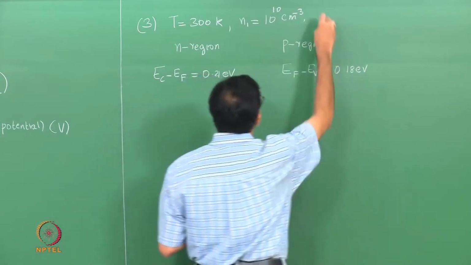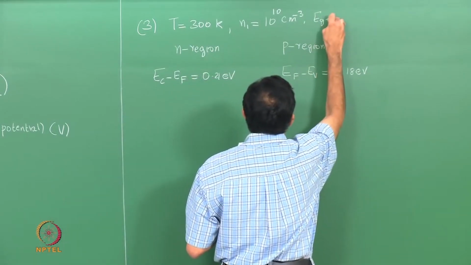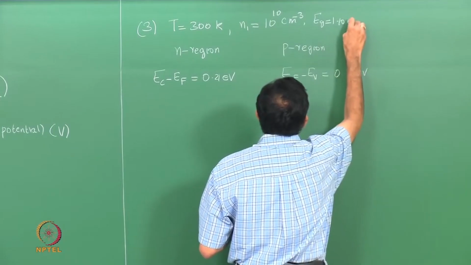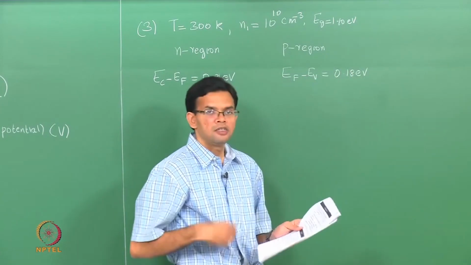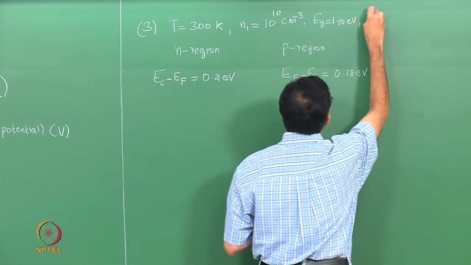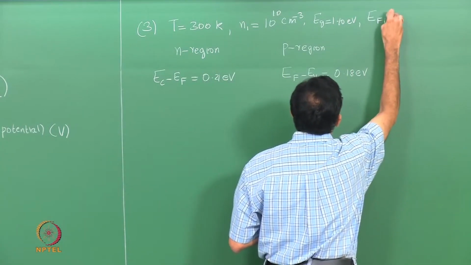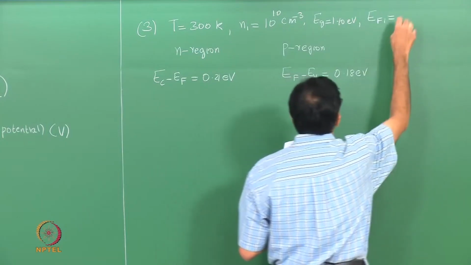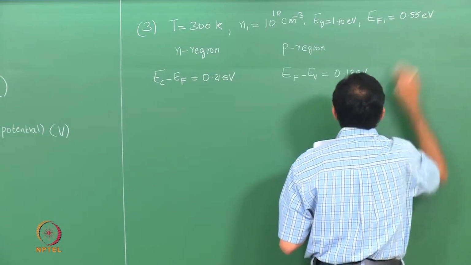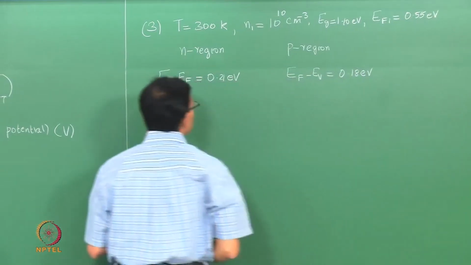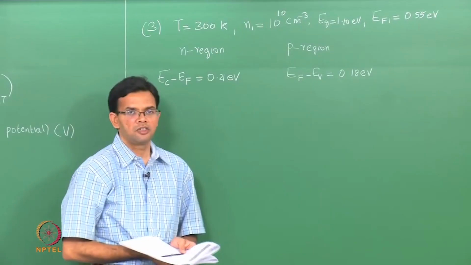The band gap of silicon Eg is 1.10 electron volts. The position of the intrinsic Fermi level EFI is not exactly at the center, but it is very close to the center. So, we can take this as 0.55 electron volts.